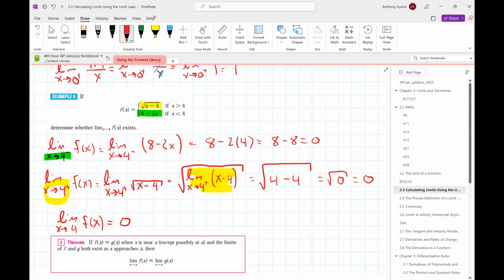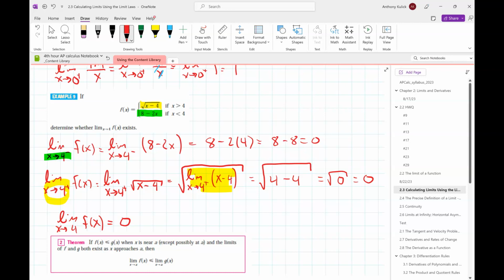Because I was able to push the limit underneath the radical, I get a polynomial that I'm doing direct substitution on, and it's okay, as opposed to before where I was trying to direct substitute into a radical function, which I couldn't do. So it would just be 0, the answer? So my answer, while it asks to determine if that limit exists, the answer is yes, and it's equal to 0. Got it. Thank you.